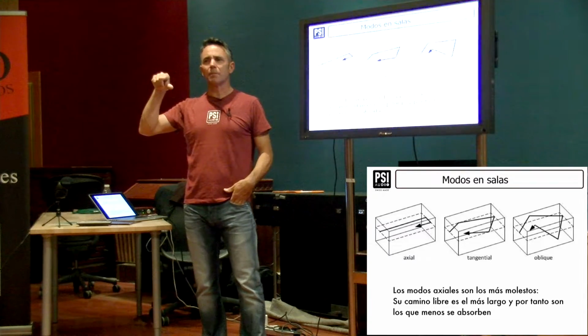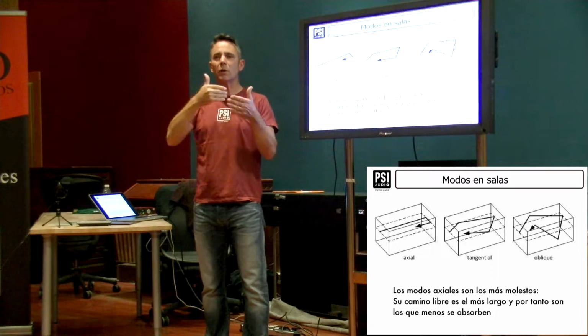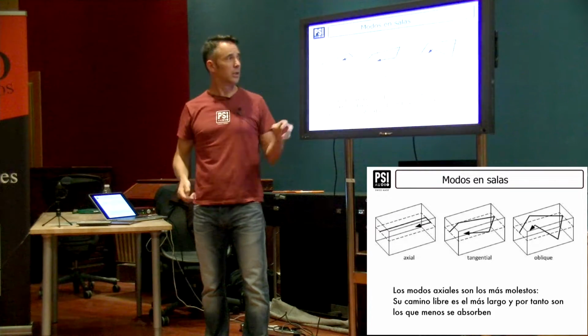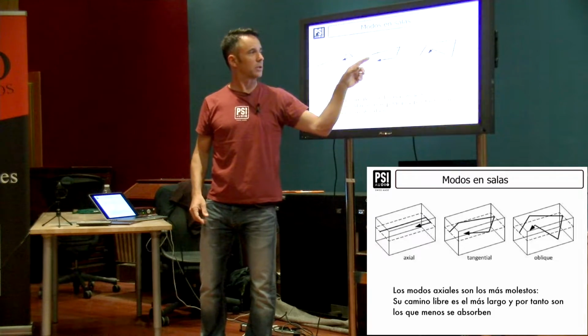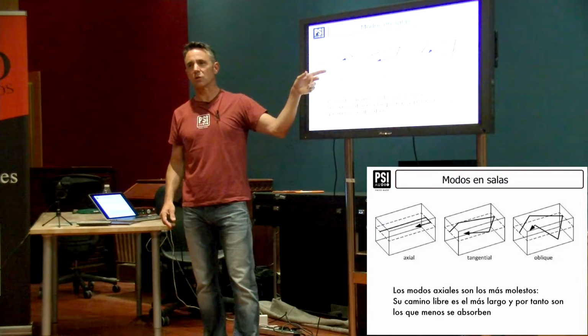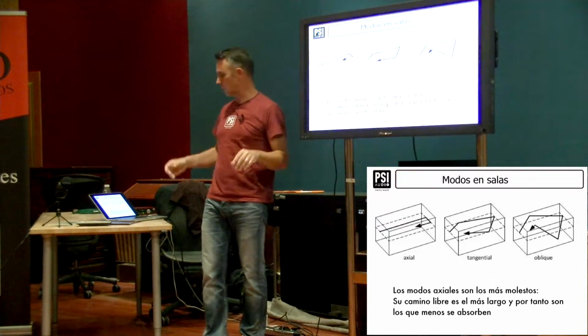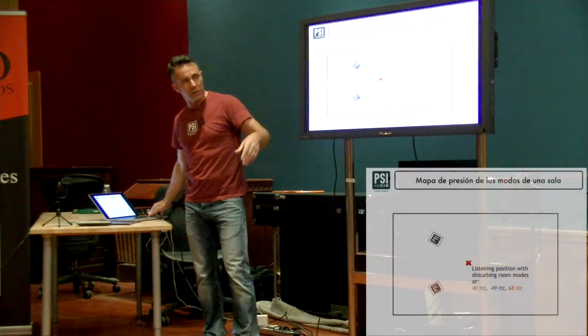Sound loses a little energy going through the air, but mainly when it bounces off something it'll lose some energy. So the more bounces there are, the more energy it'll lose. So this one will decay faster than this one and faster than this one. So these ones tend to be the most disturbing, the ones that will echo for a very long time. So yeah, this is an example of a room.